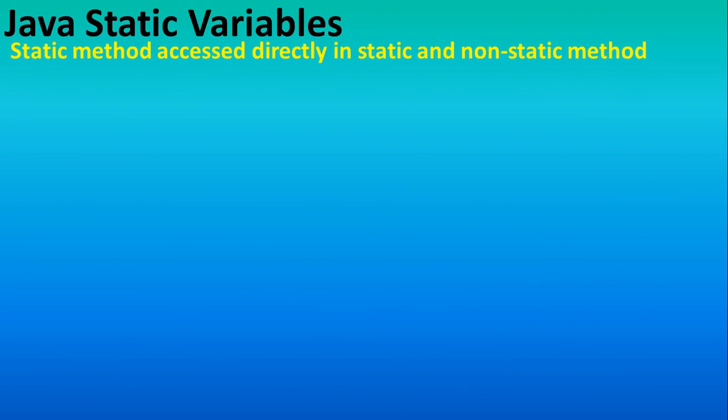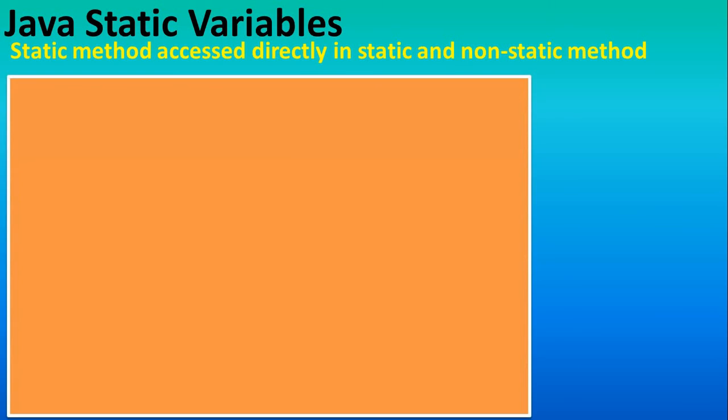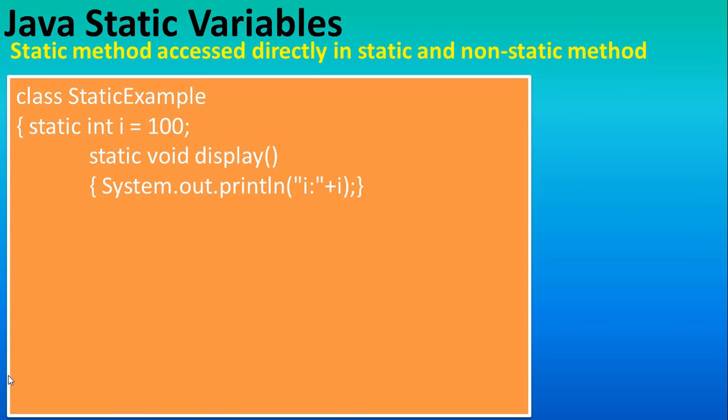Next point, a static method can be accessed directly in static and non-static methods. So we will take the meaning with an example. This is the static variable, value is 100, and this is also a static method.